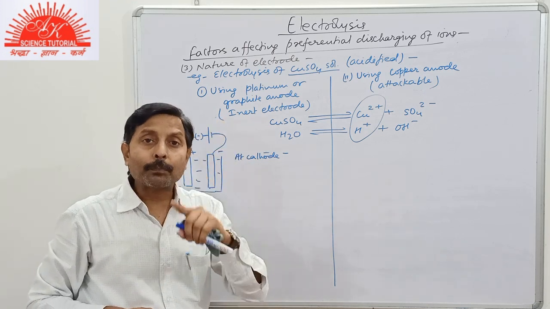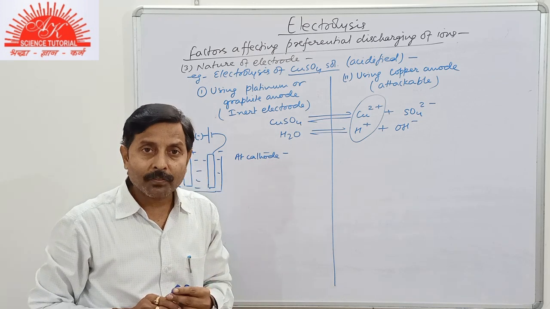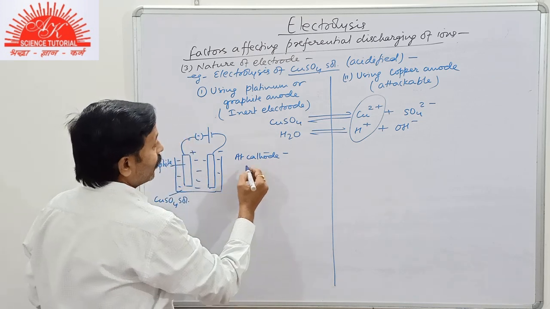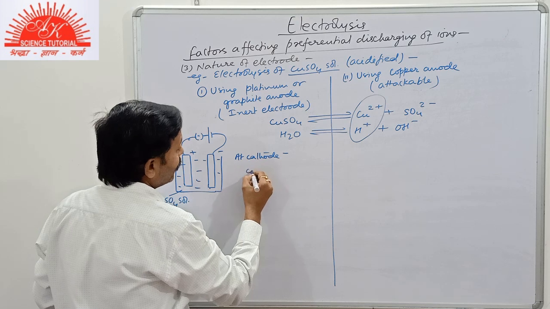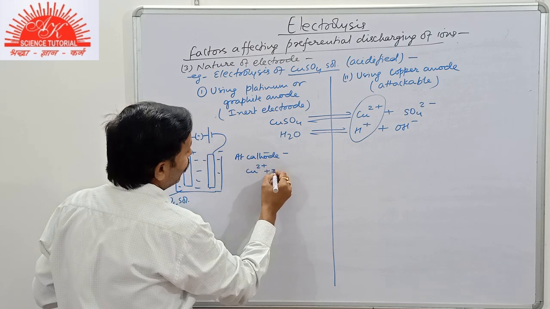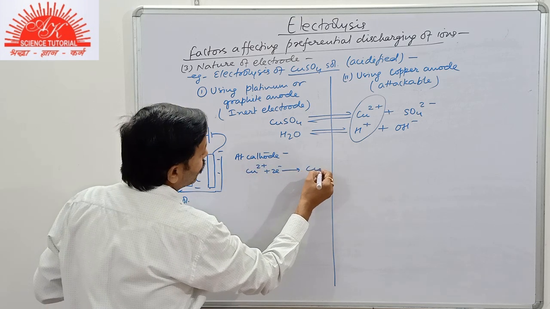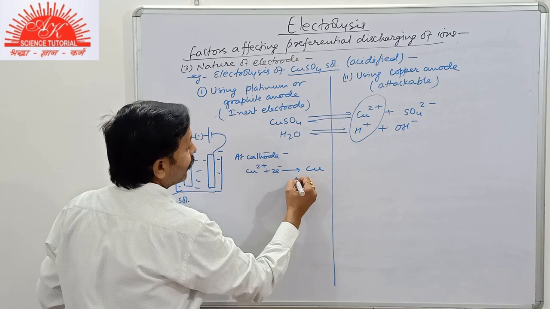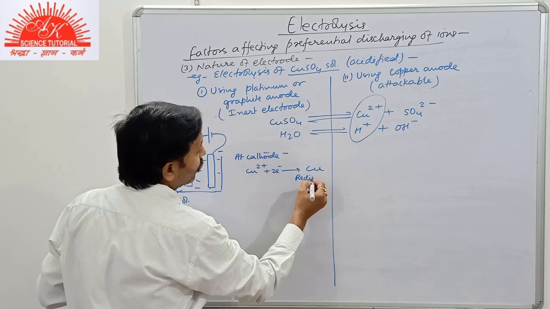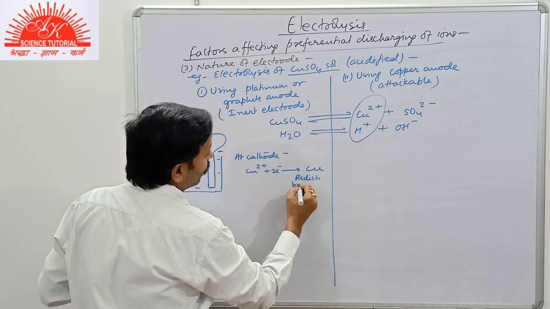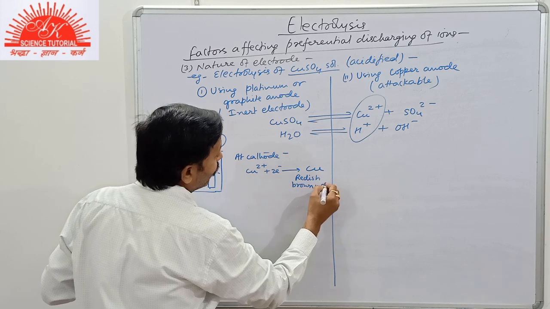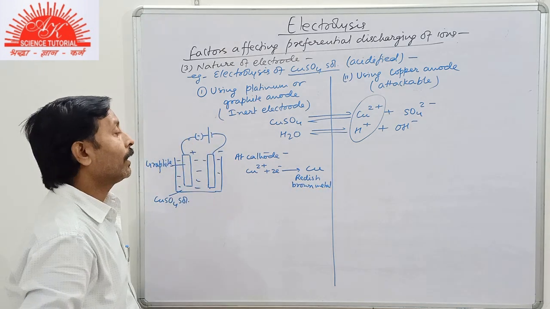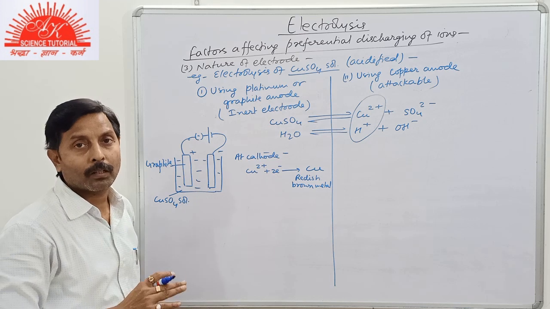So it is discharged preferentially according to the first factor. So here you see, Cu2+ plus 2 electrons gives Cu, that is reddish brown metal is deposited at cathode. No doubt here.